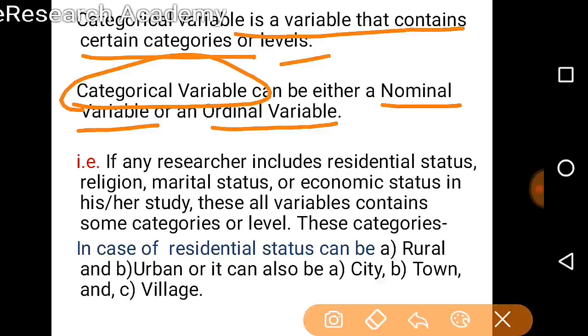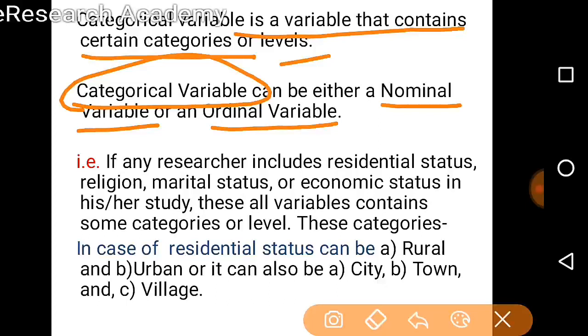The nominal variable is a variable that describes certain characteristics or attributes of a particular variable. For example, gender describes whether a particular person is male or female. Similarly, another example can be religion.